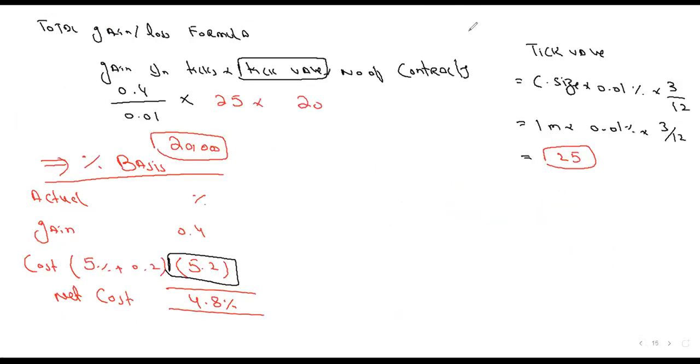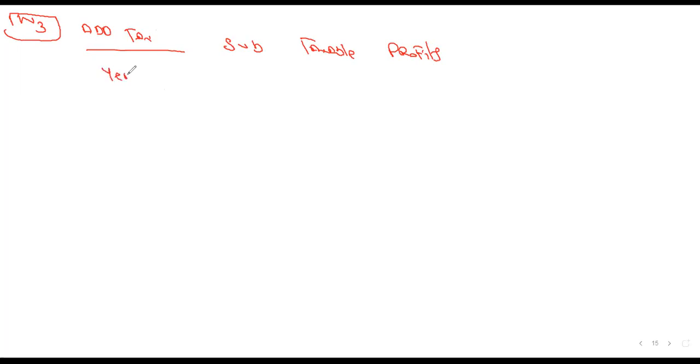Remember, this additional tax is always calculated on the subsidiary taxable profits. We have 1, 2, 3, and 4.